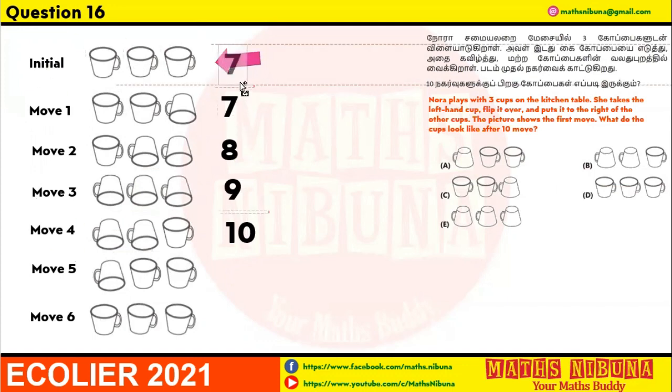This should be number 6, same as the initial position. This is called iteration, or a loop. The same thing is happening again and again. So this is the answer for the question: 16 is flip and straight. B, this is our position.